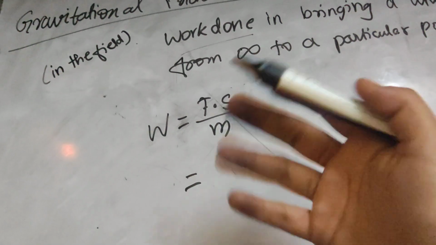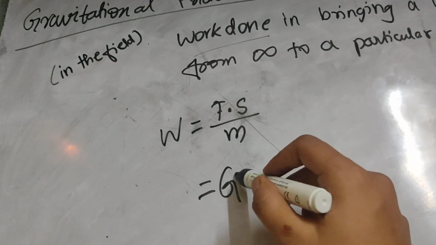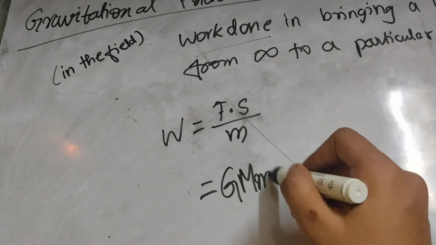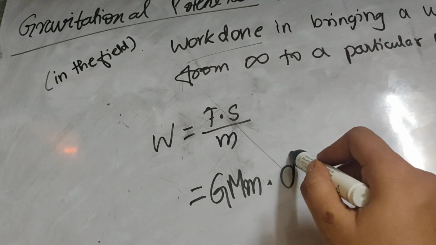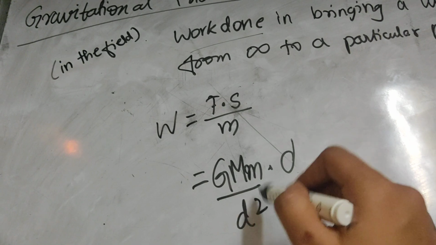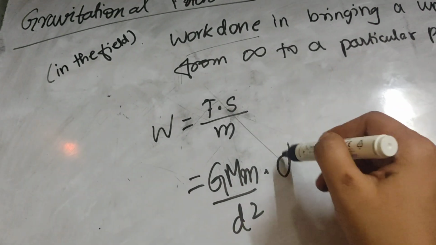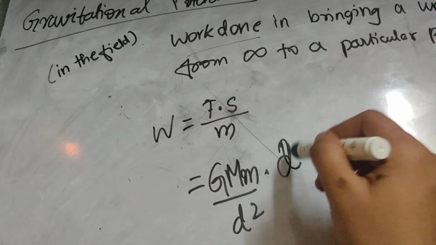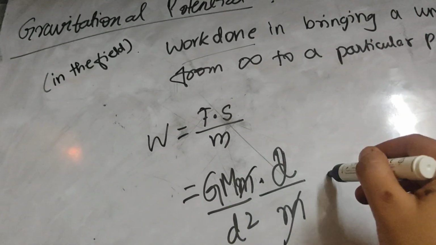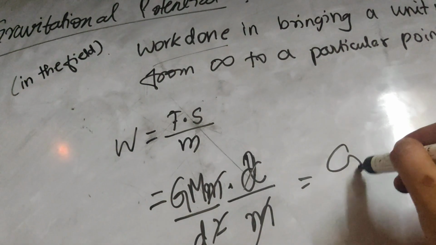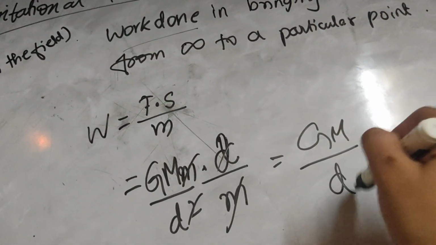So how do you write gravitational force? G into capital mass M into small mass m into how much is the distance? Let us consider here d square. Gravitational force, into displacement is again same d only, upon small unit mass m. Small m gets cancelled, d gets cancelled, so GM upon d.